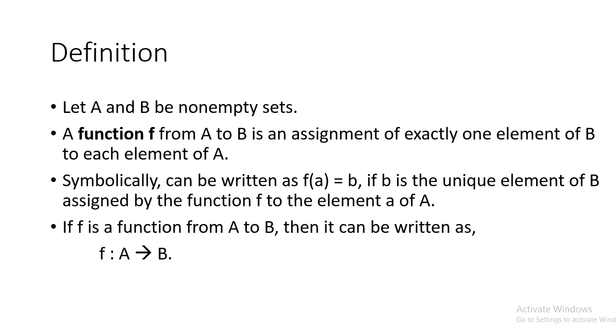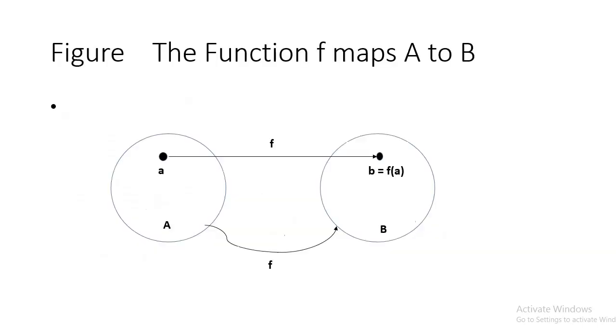Symbolically we can write the function as f(a) = b, where b is the unique element of B assigned by the function f to the element a of set A. If f is a function from set A to set B, then it can be written as f: A → B, or A to B. How can we read this function? f maps A to B. So this is the definition of the function.